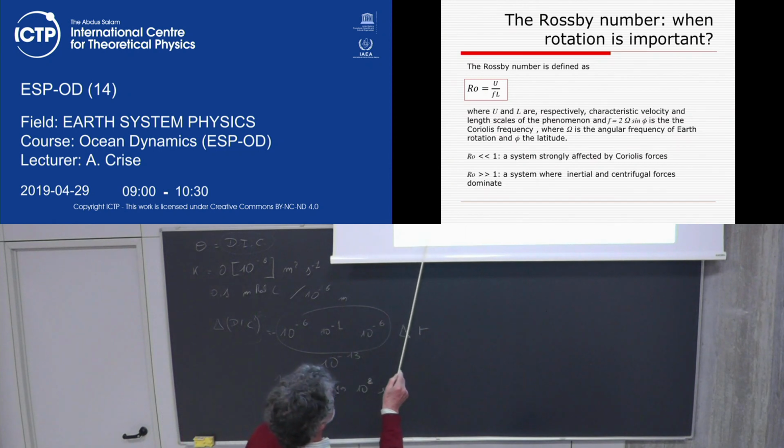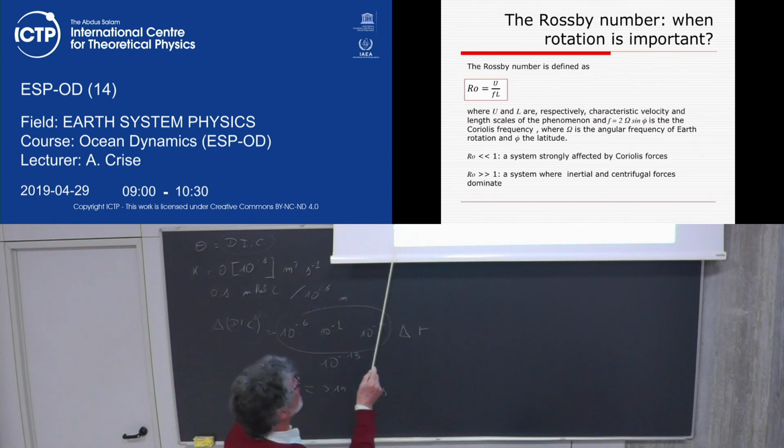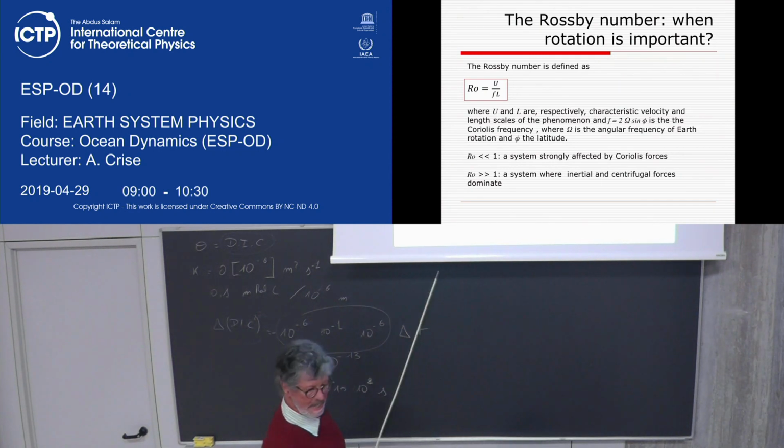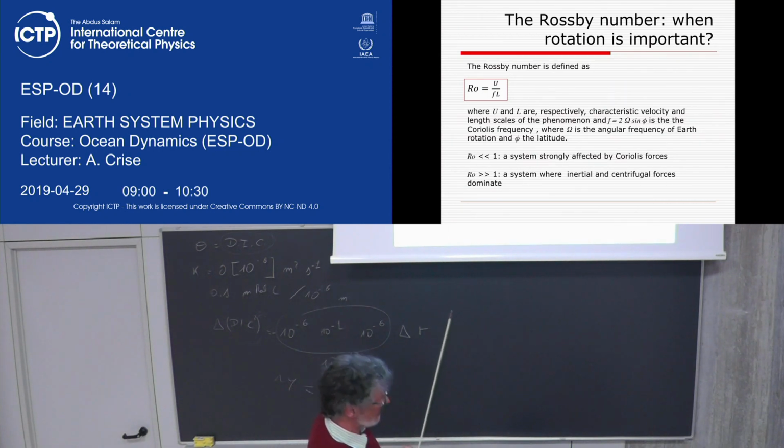The Rossby number is a number calculated from scales, not from specific values.